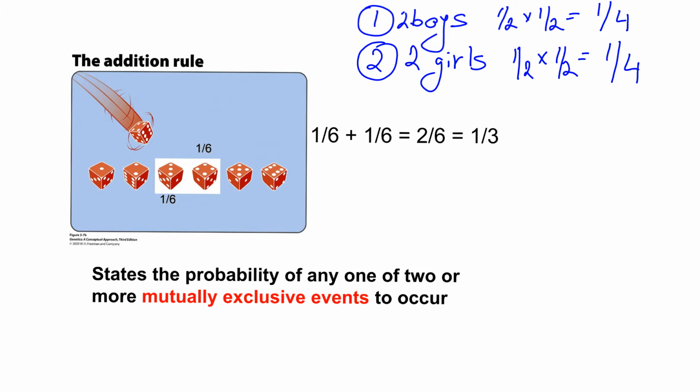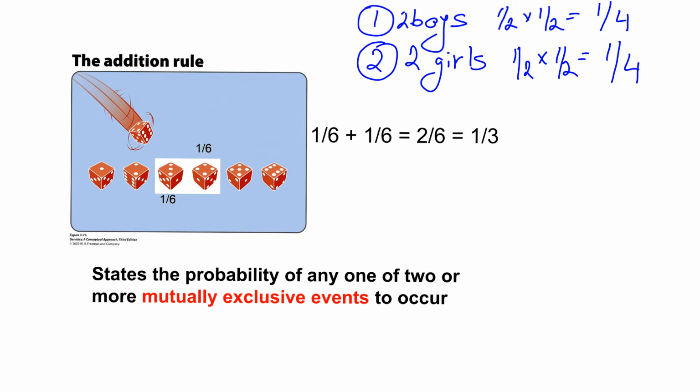So let's go to our example. This time let's ask, what is the probability to have both children of the same sex? Meaning, what is the probability that you will have either both children boys or both children girls? How do you approach this question? First, you calculate the probability of each individual event occurrence. First, the probability of the first event, meaning that you will have two boys.